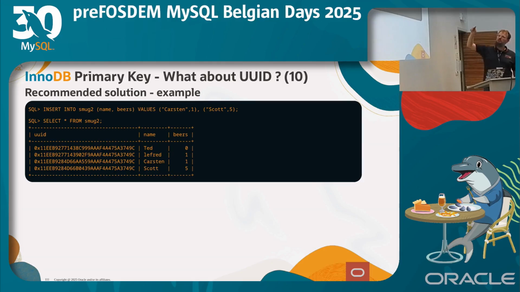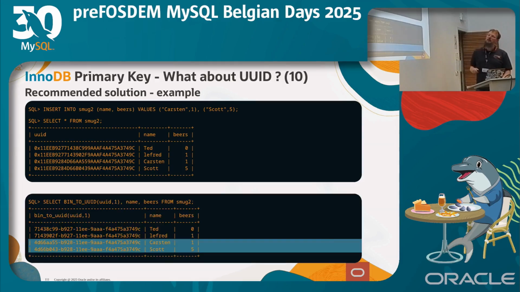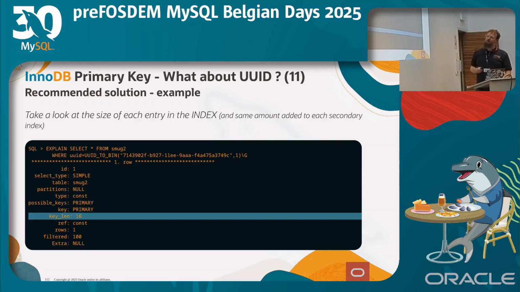And every time we insert a new value, the new value will be at the end, because the timestamp part of the UUID will be swapped and put at the beginning, right? So here, and we can show it like this. Now, this is just about the size. You can see the size is much lower.